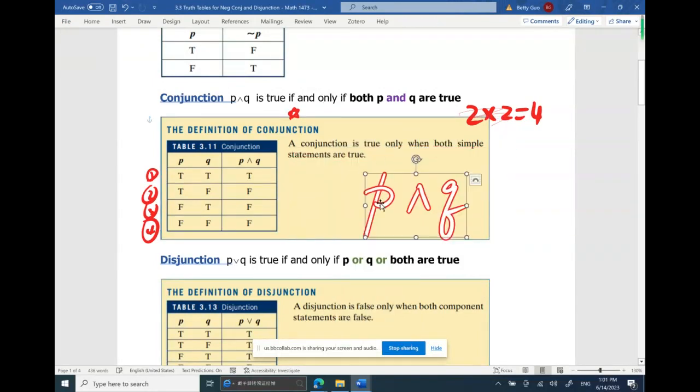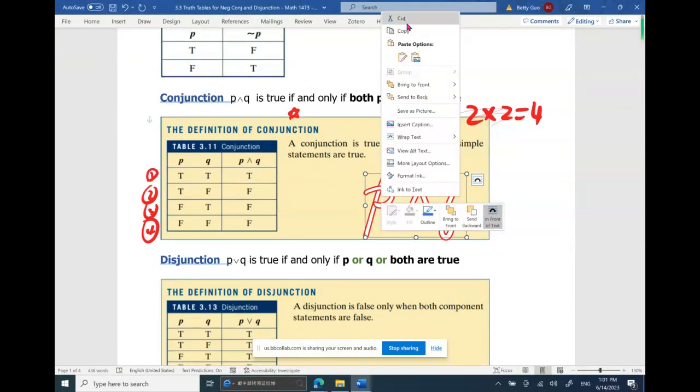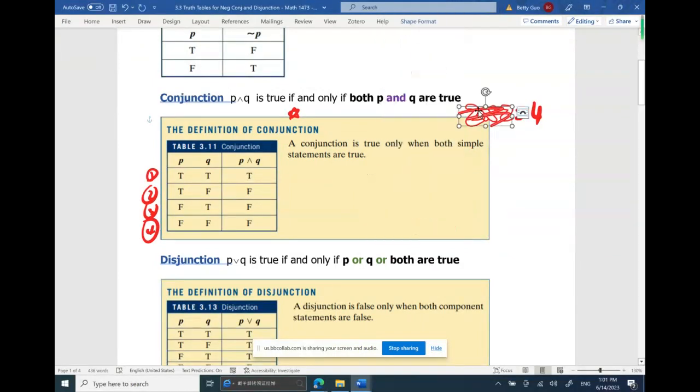What is the order that I'm talking about? Always go with TT, TF, FT, FF. Okay? Always follow the order.